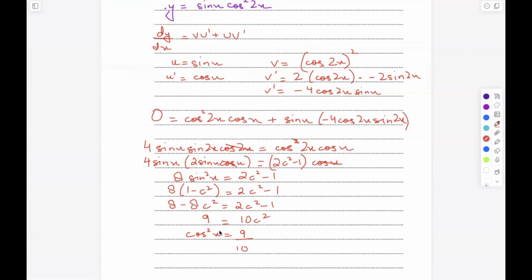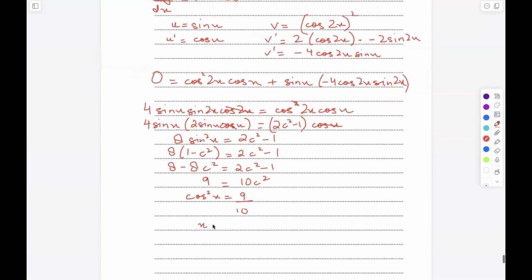And as our answer is in radians, we'll make sure that the calculator is in radian mode. So this will become 0.3217. So the value of x will be 0.3217. Rounding off our answer to 3 significant figures, our final answer will become 0.322 for the value of x.